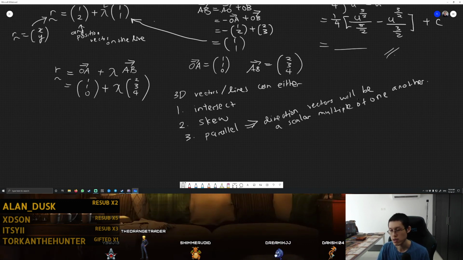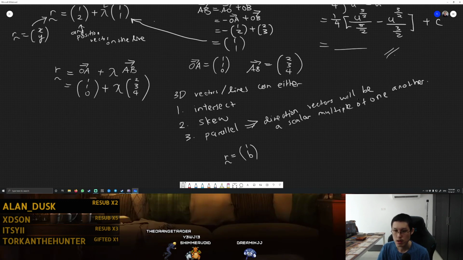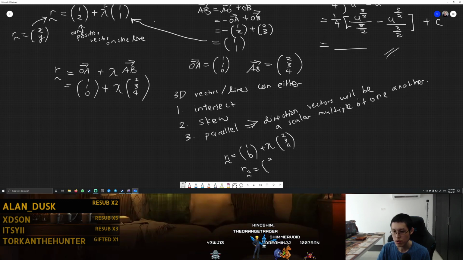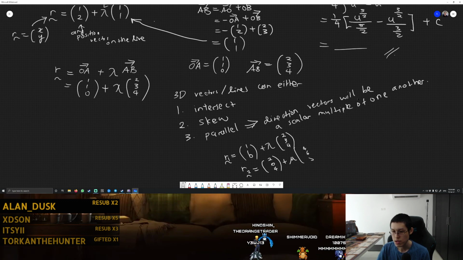So let's say I have a vector equation of a line. We call it R1 equals (1, 1, 0) plus lambda (2, 3, 4). And then I have another equation. We call it R2. Let's say this is (2, 0, 4) plus mu (4, 6, 8).